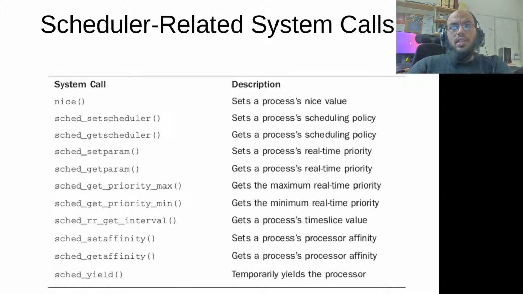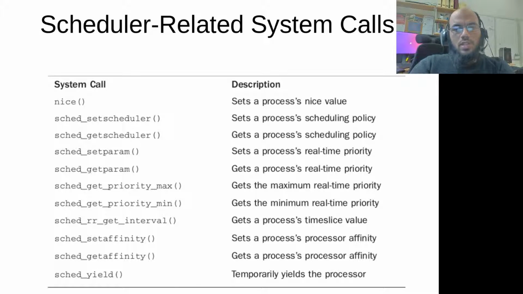Set scheduler will set a process's scheduling policy, and if you read through the man pages of this syscall, you will see the different parameters that you can pass to it. SCHED_NORMAL, SCHED_FIFO, SCHED_RR are among these. You can set the parameters for the real-time priority, because right now it's set. Read the man pages, and you can get these parameters.